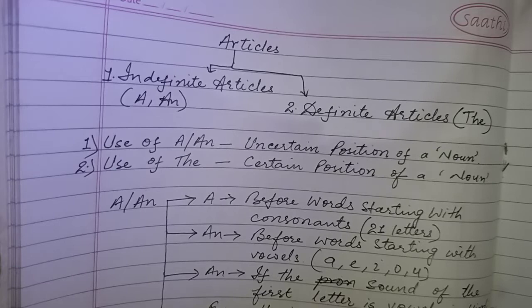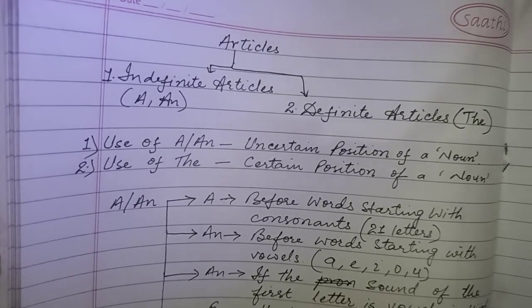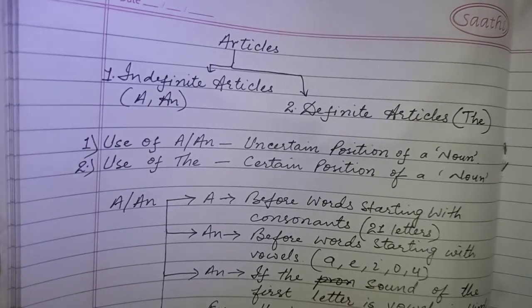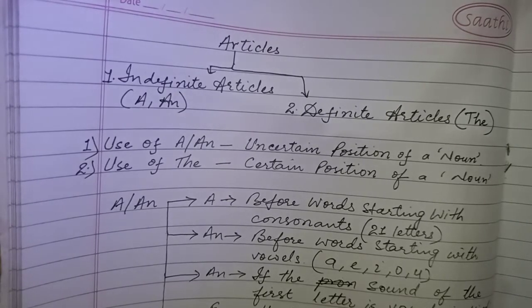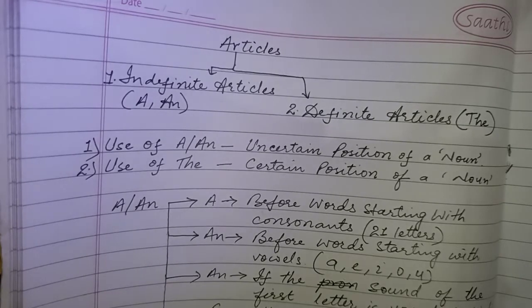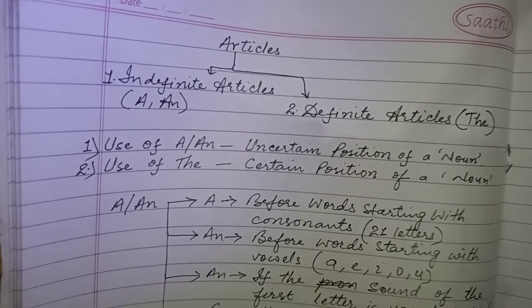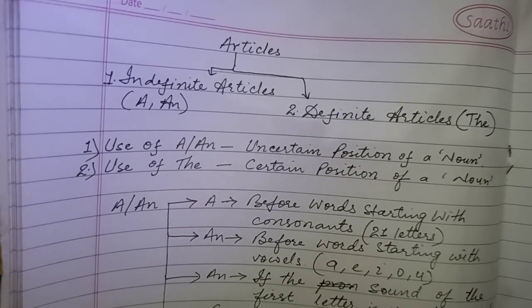For example, this is a pen, she is a girl. In pen, the letter P is a consonant, and in girl, G is a consonant. So before both words, a is used because it is a consonant.